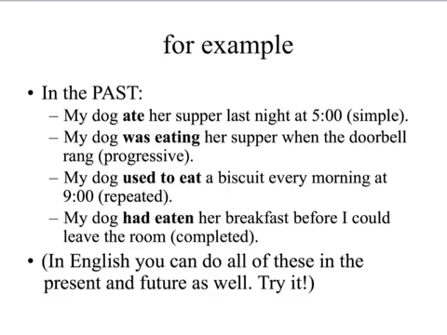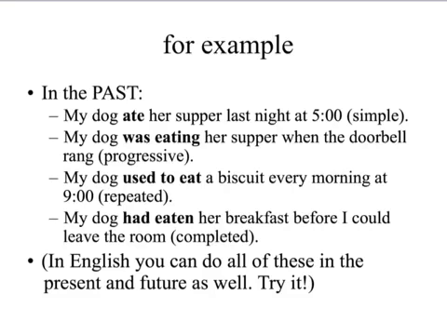In English, you can do all four of those in the present and in the future as well, although the repeated action is not so easy to express in the present or the future. But you can do it. You can give it a try, right? So in the present, it would be: my dog eats, my dog is eating, my dog habitually eats, my dog has eaten. In the future, my dog will eat, my dog will be eating, my dog habitually will eat, or my dog will have eaten.